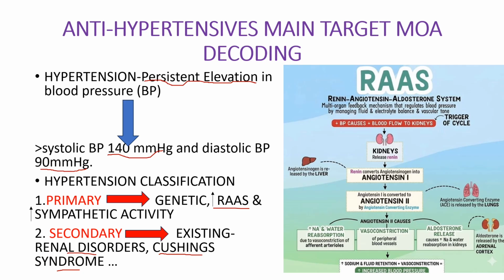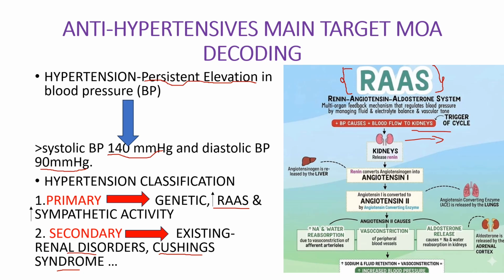The renin angiotensin aldosterone system is very important. You need to know about this system because the first class of antihypertensives will be acting on it. It is a multi-organ system, and the first major organ involved is the kidneys. The kidneys release a substance called renin.